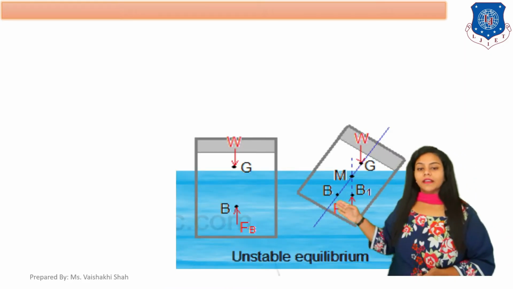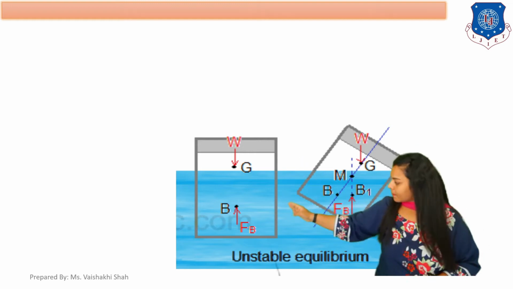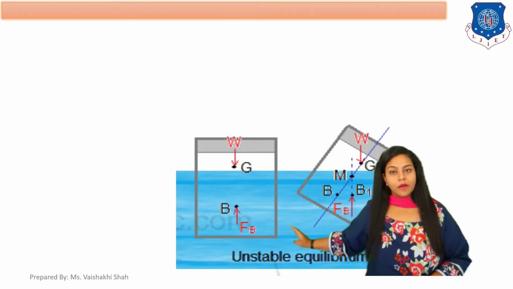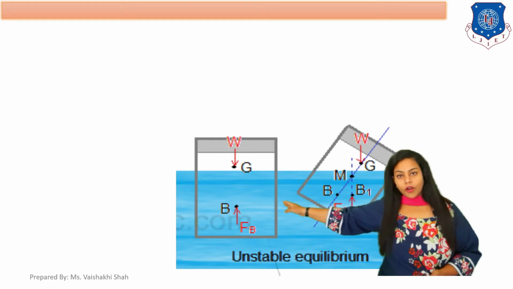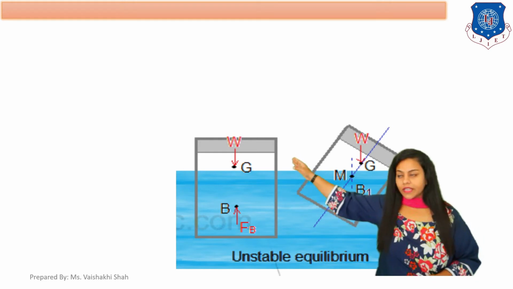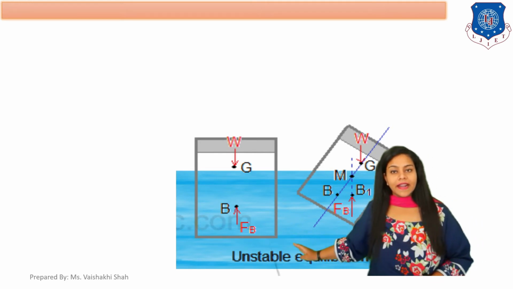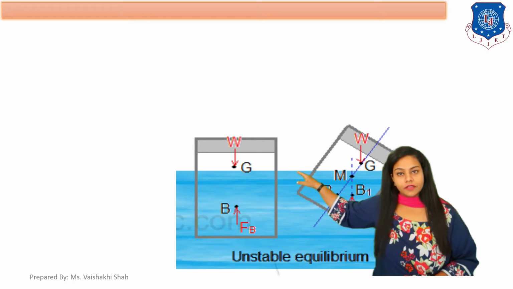As you can see here, here is your first body where G is the center of gravity and B is the center of buoyancy. Buoyant forces are acting in the upward direction, weight is acting in the downward direction.